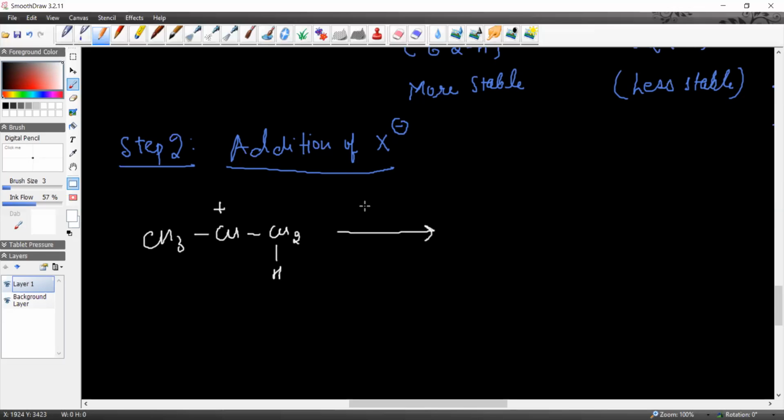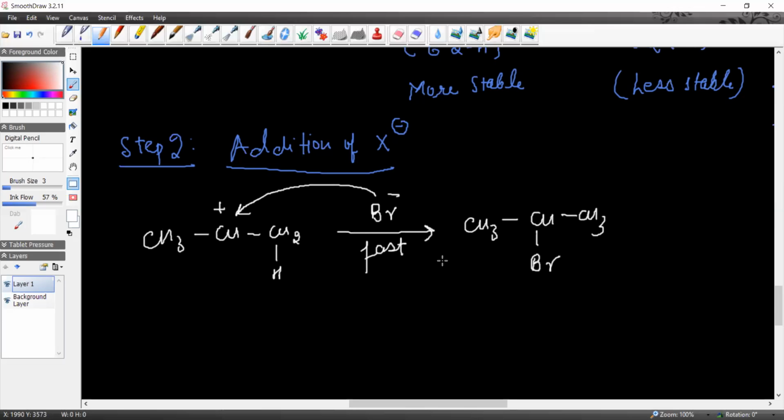The second step is the fast step, and here X- is Br-. Br- attacks this carbon atom, so we get CH3-CH-CH3 with Br. Is it clear to you? So we finally get 2-bromopropane.